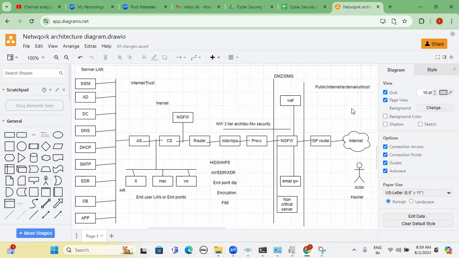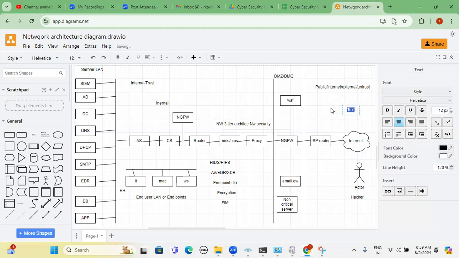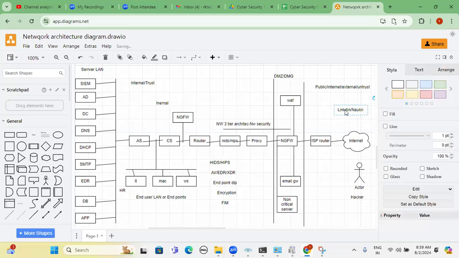Now, LinkedIn or Naukri normally sits in the untrust or internet zone. This HR person will go and see the skill set of the job applicant, download the resume, and check the skill set. When the HR is trying to access LinkedIn or Naukri, how does the traffic flow?